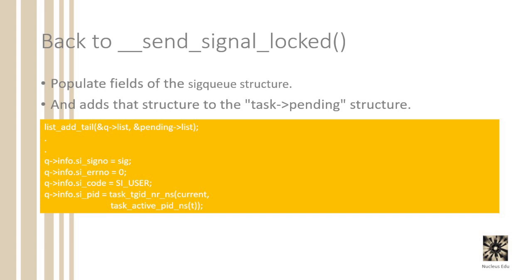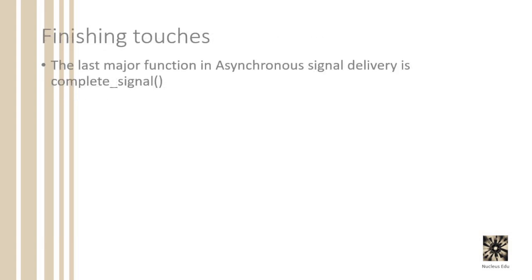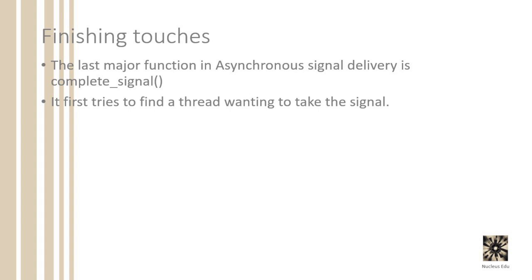Next, the code tries to see if it can find a thread from the process group which can take the signal and wake it up, or kick it into kernel mode so it can process the signal. This happens in the function complete_signal, which is the last major function in the asynchronous signal delivery. It first tries to find a thread wanting to take the signal, through a function called wants_signal.